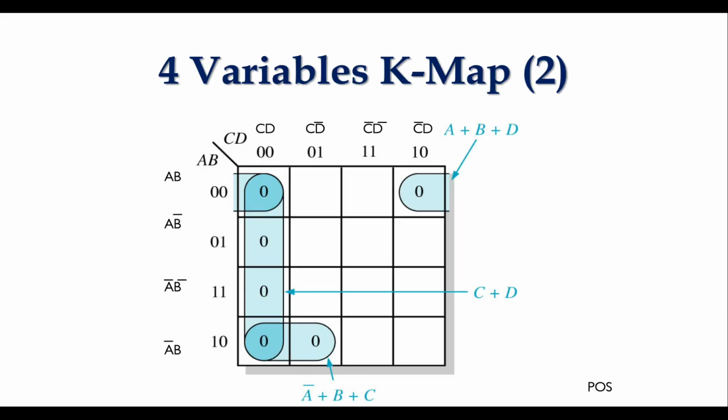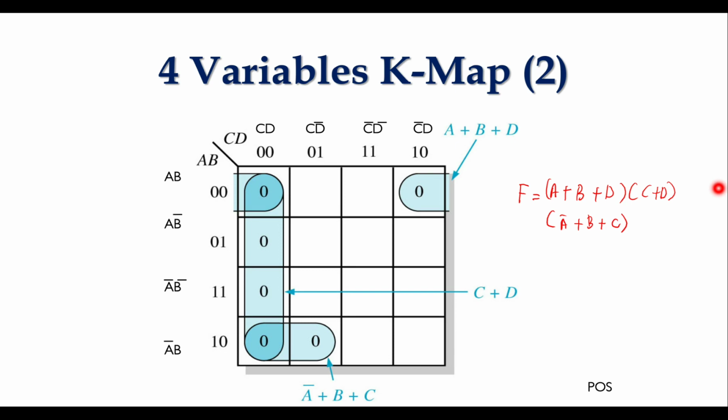This is an example for a 4 variable K-map. For the equation, for example, F equals to A plus B plus D, times C plus D, times A bar plus B plus C. So this is the equation.